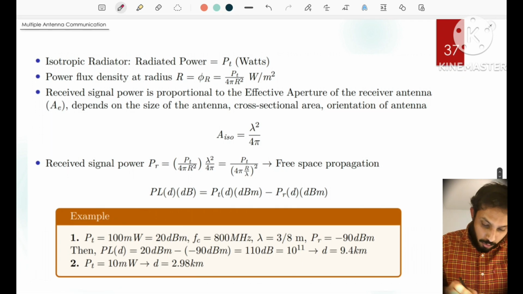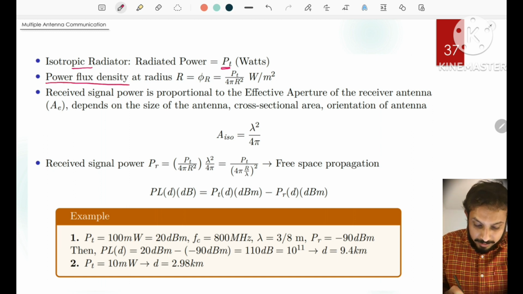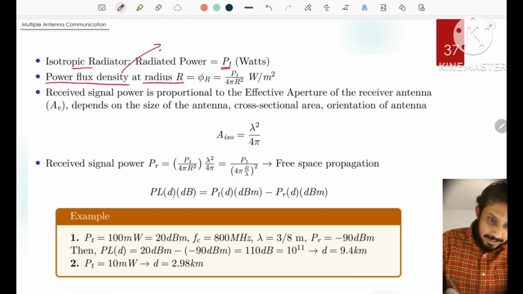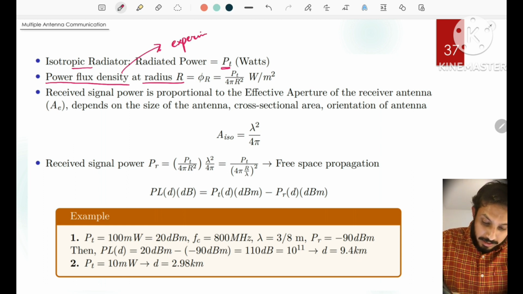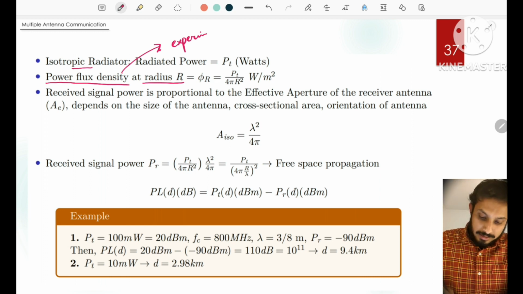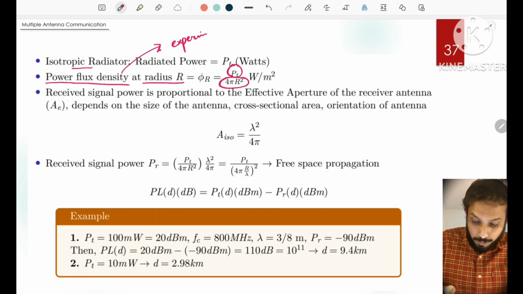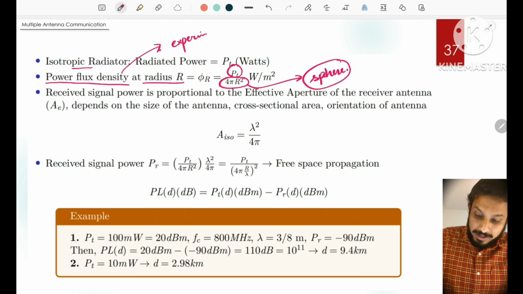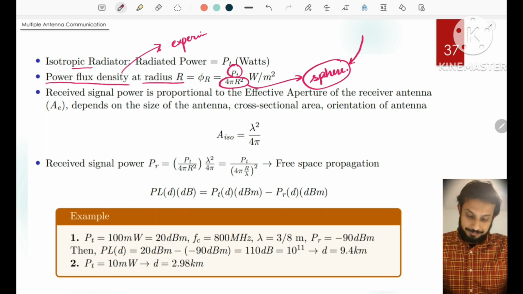In the case of an isotropic radiator, if we assume that the radiated power is Pt, then the power flux density at radius r implies the total power radiated experienced in a unit area. It is given by Pt divided by 4 pi r square, which is the surface area of a sphere, because the isotropic radiator will form a sphere.